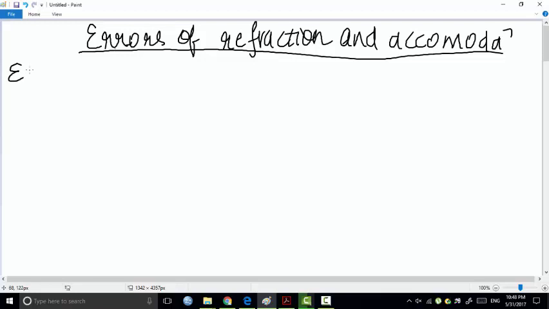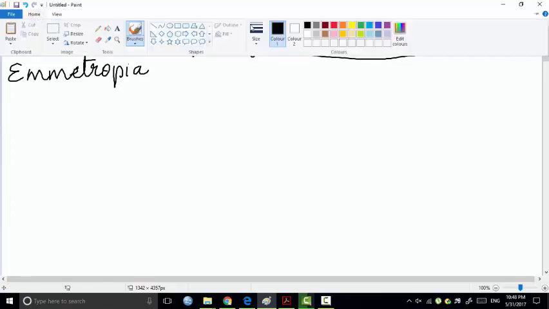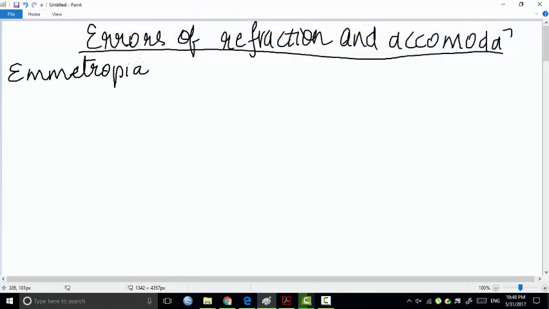So first, what is emmetropia? You should know what is emmetropia. Emmetropia is the normal eye.